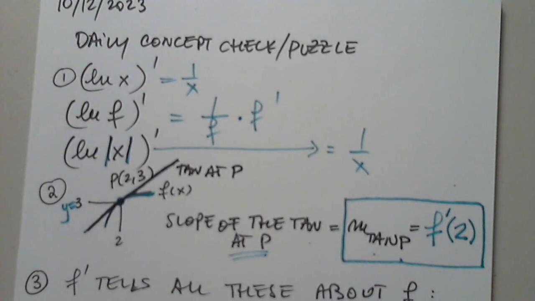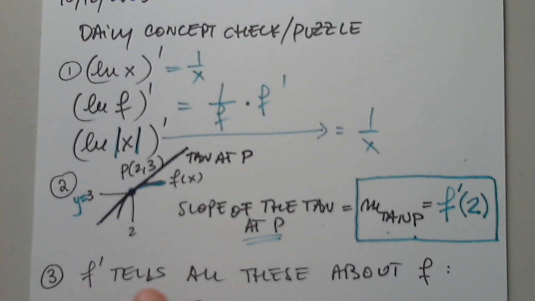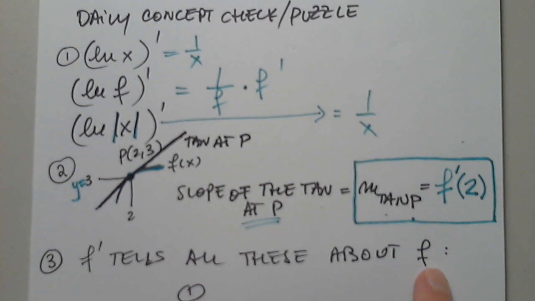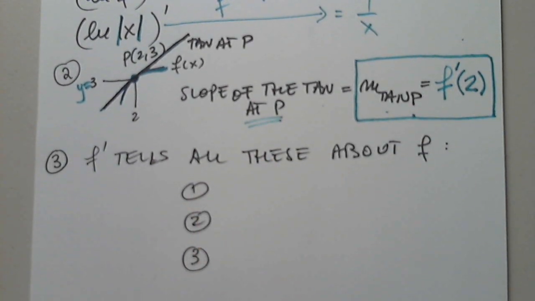Okay, enough of that. Now, what does the derivative tell us about the function? Can anyone say anything? When we look at the derivative, when we study it, whatever we do to it, what does it say about the function? What do we expect to find?